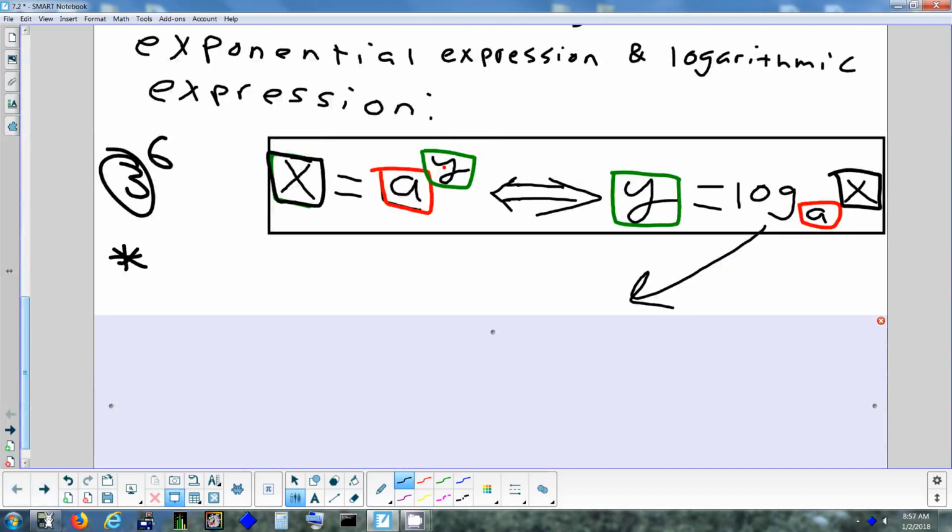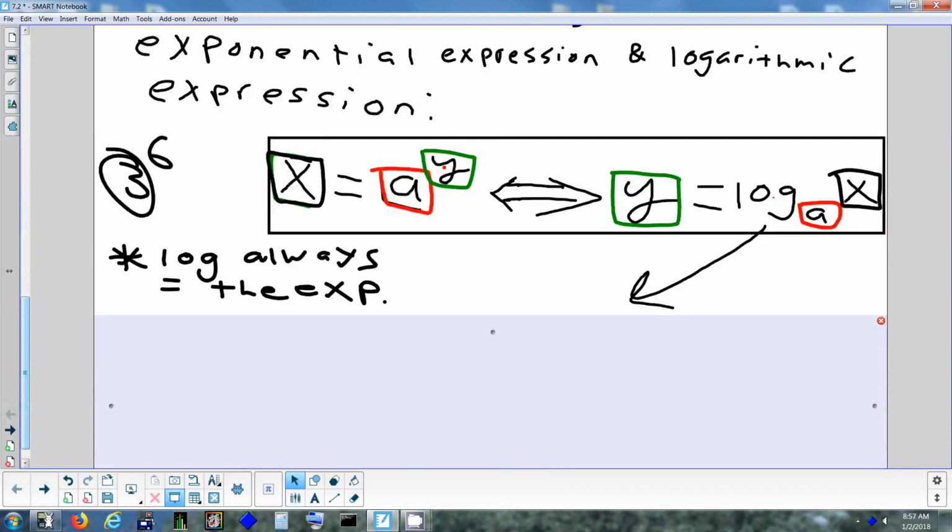Y was the exponent, and the logarithm equals the exponent, y. Log always equals the exponent. Okay, and then if you can remember where 2 out of 3 of the things go, then the third thing is the x, and there's only one spot left for it.